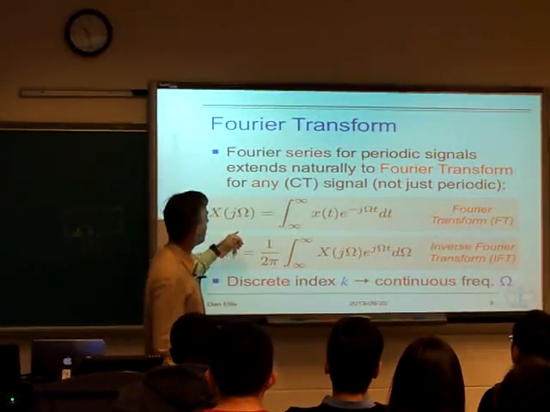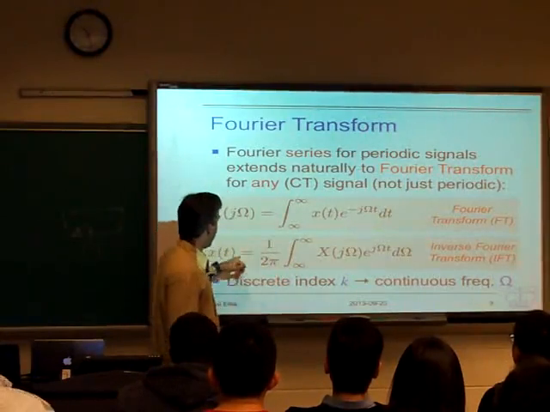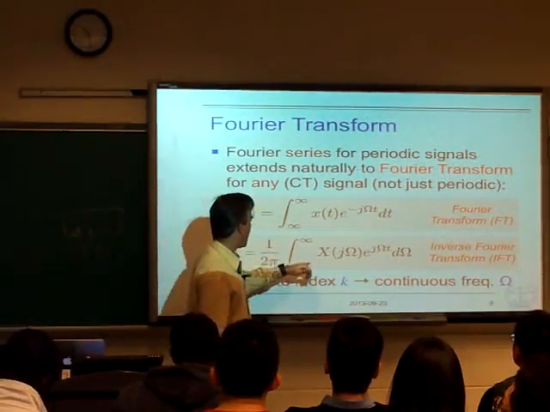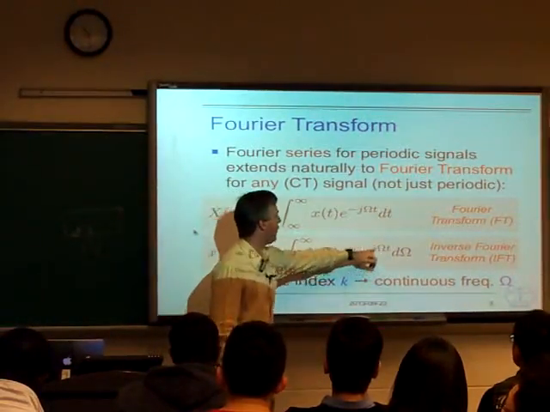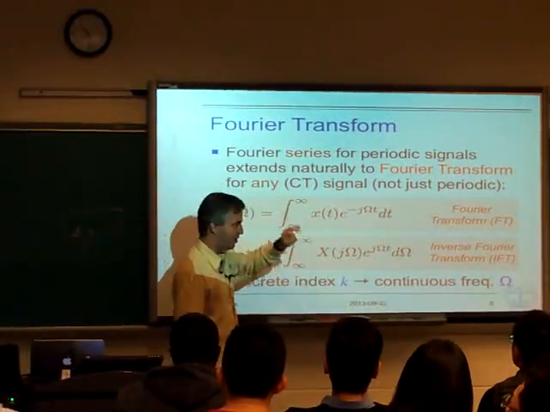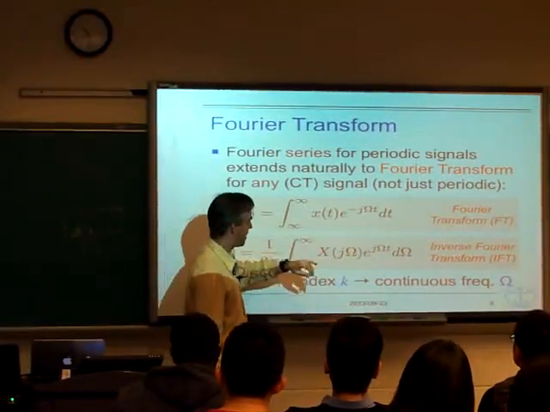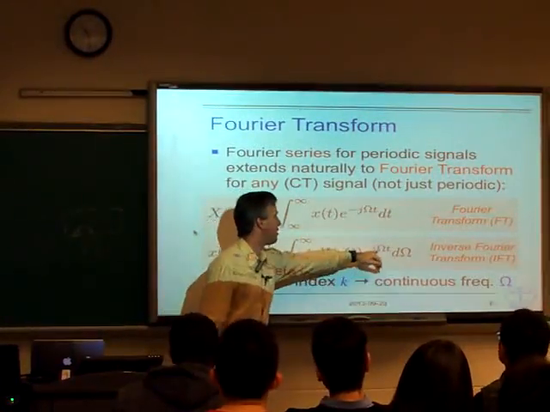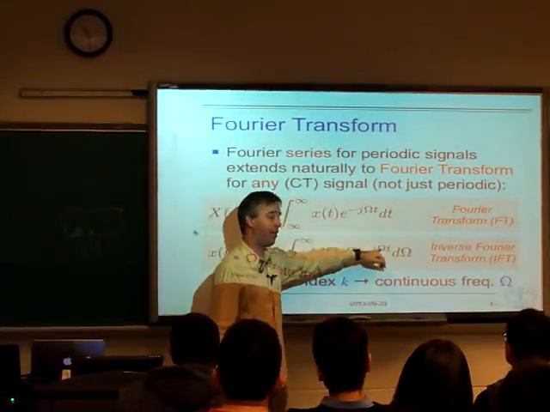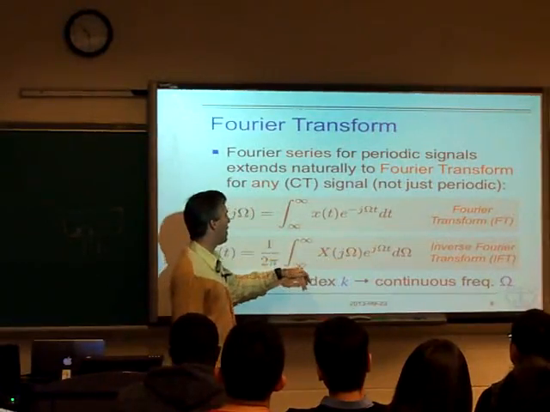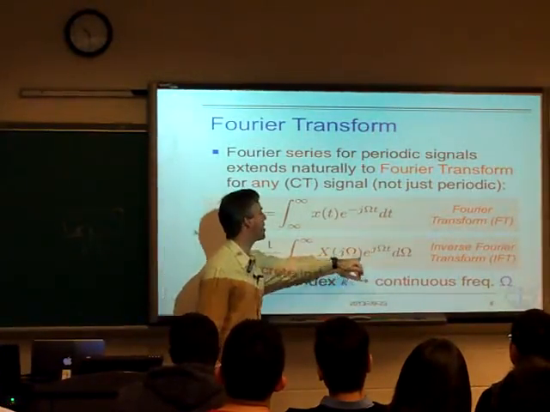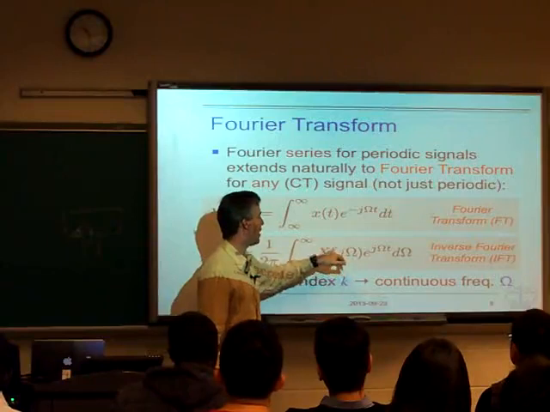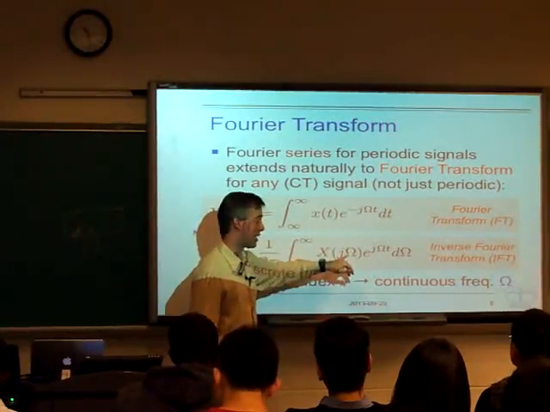So we get the Fourier synthesis now, where rather than being a sum of e to the j 2 pi k t over big T, it's e to the j omega t, and then for each of those, for a continuous frequency value omega in radians per second, and for every possible omega, we have some coefficient, big X, which we're denoting as big X of j omega here.